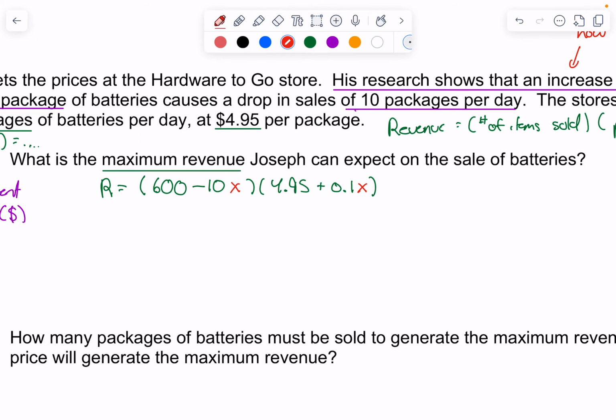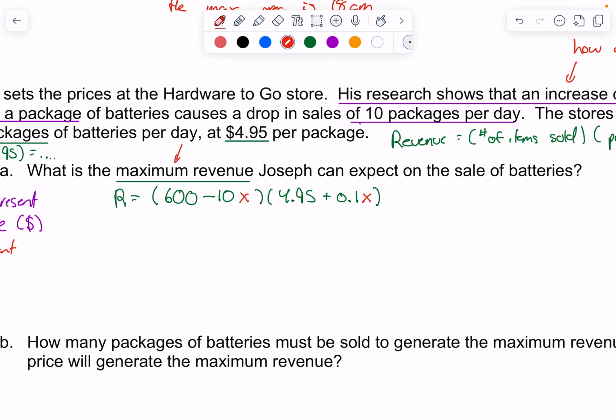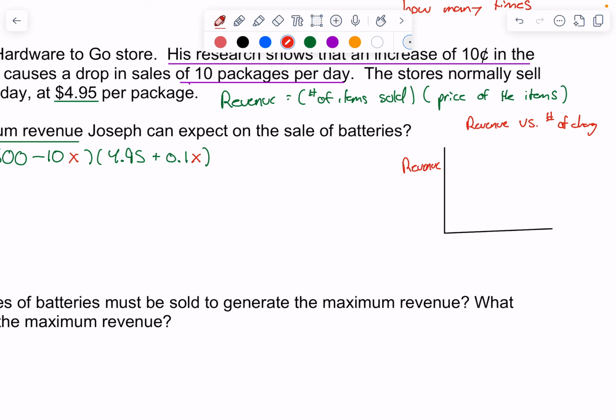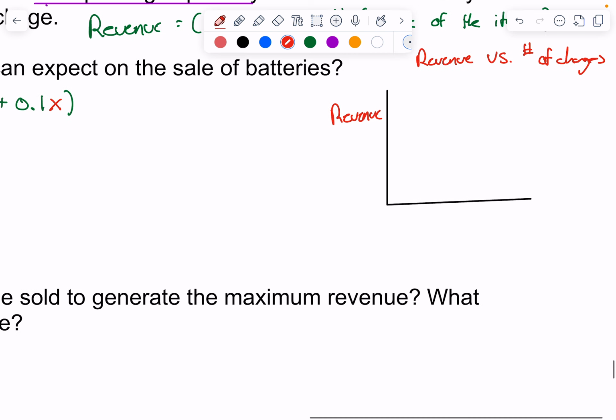We are trying to find the max revenue. So we are trying to find, if we graph this, we are graphing now revenue on the Y, revenue versus number of changes. Okay, so number of changes is down here.